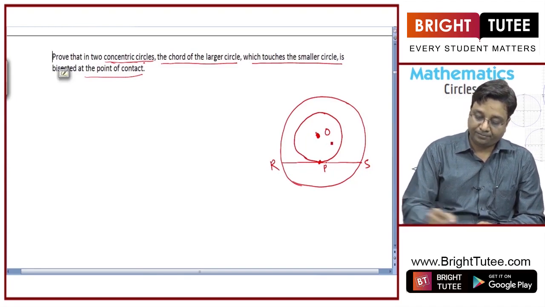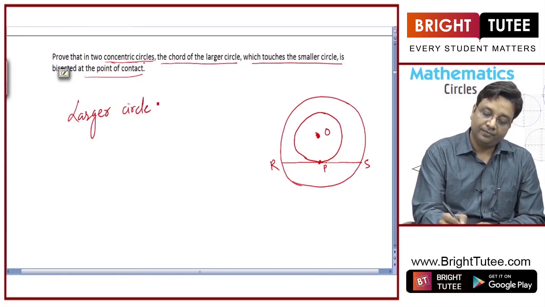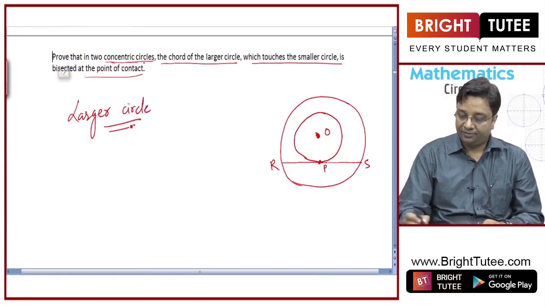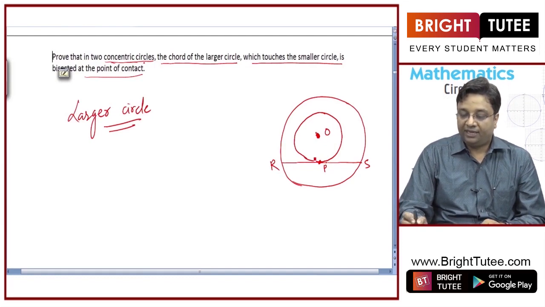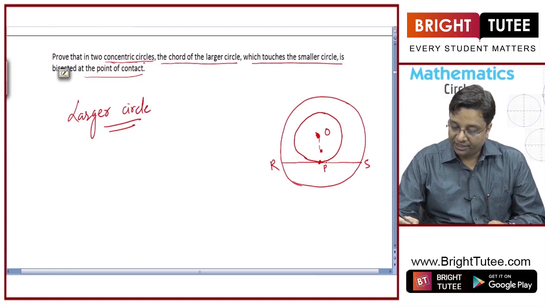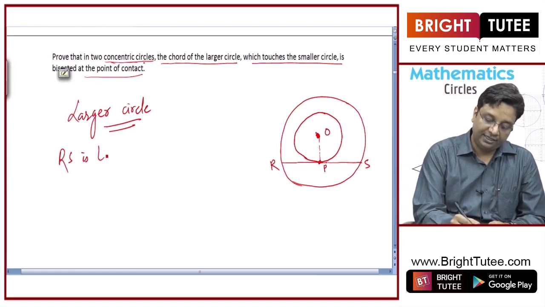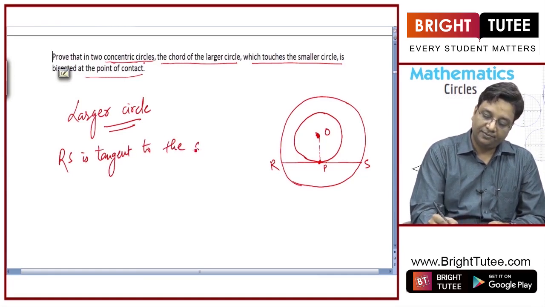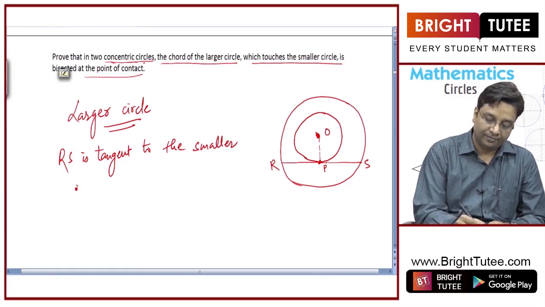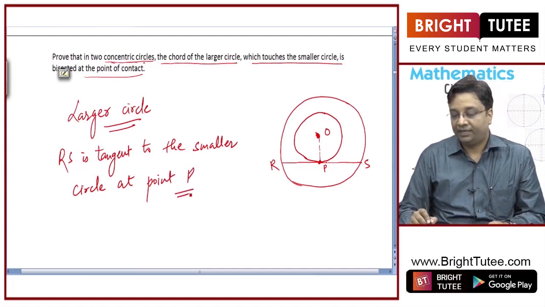Let's look at the larger circle only. For the larger circle, this is center O and RS is a chord, right? And for the smaller circle, if I draw OP as my radius, RS is tangent to the smaller circle at point P, right?